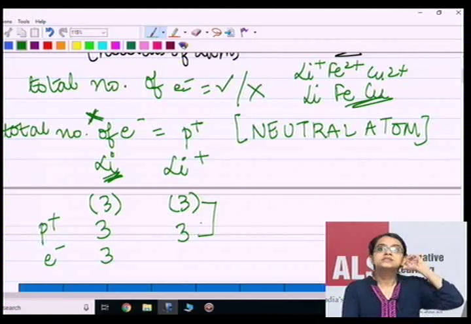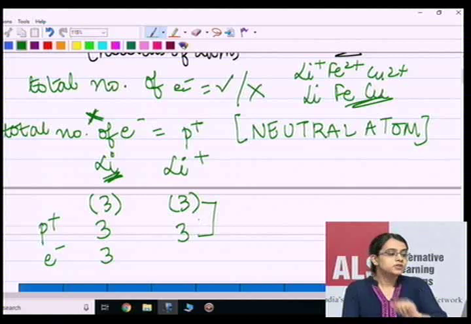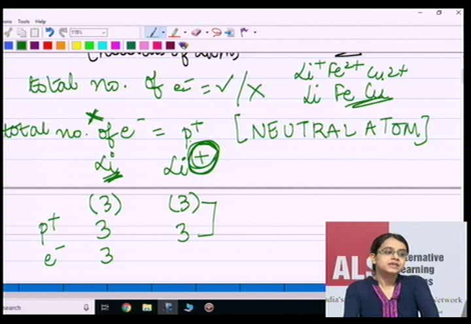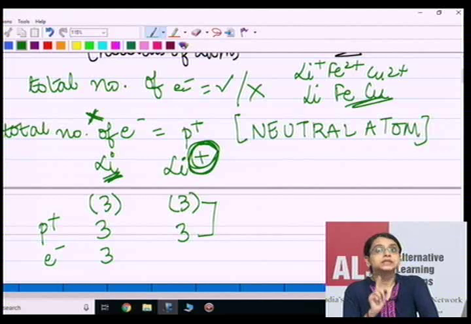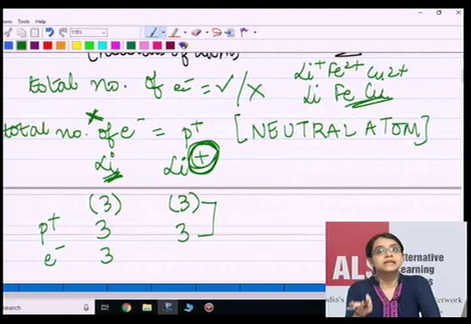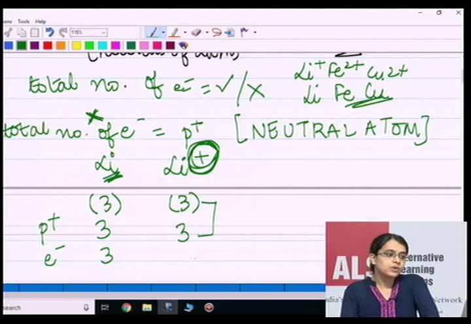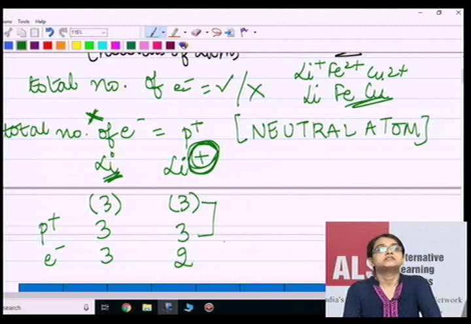But now what is the number of electrons? You see that it has a positive charge on it. This means that it is devoid of one electron. Since the charge is 1+, it means it has given up its one electron. So therefore now it has only 2 electrons left with it. Okay, Kohima answered correct, 2.